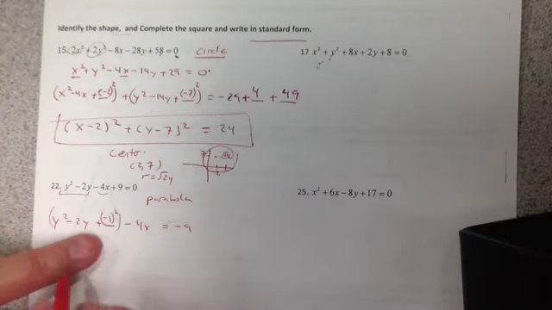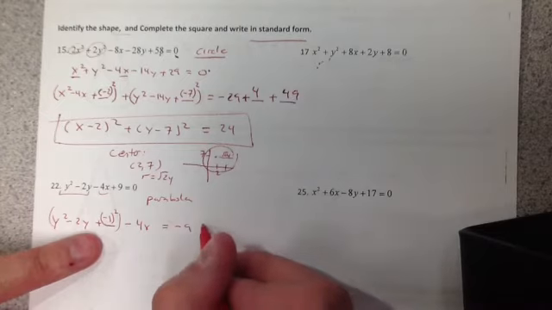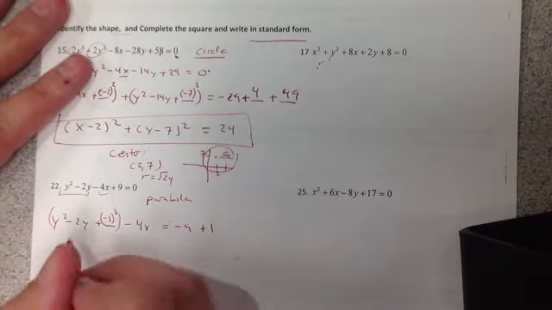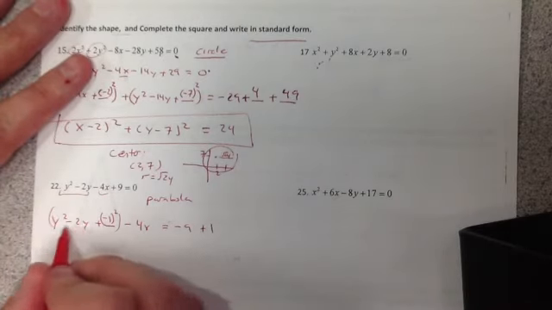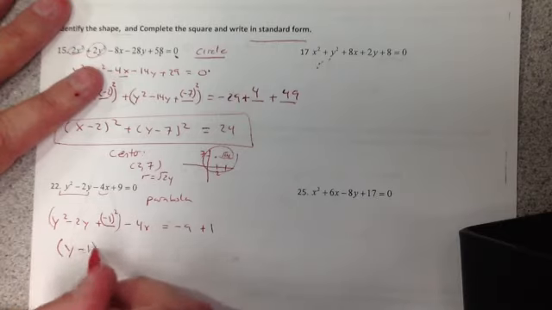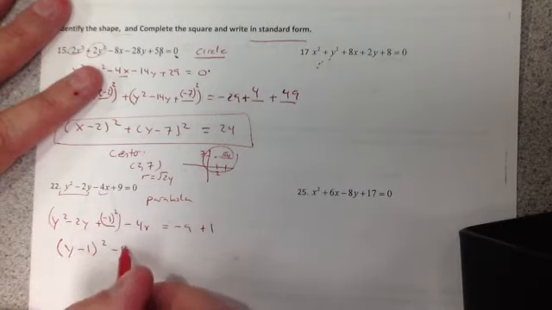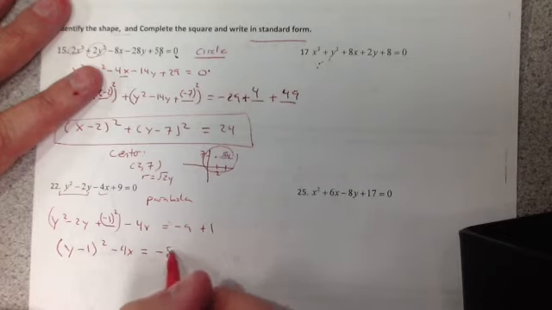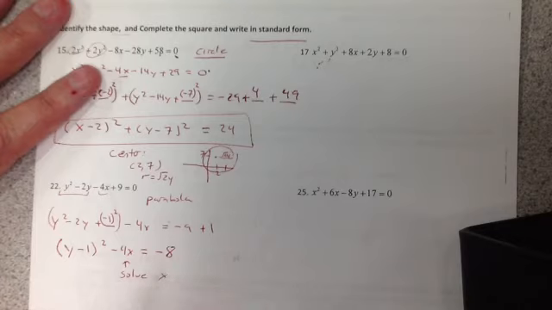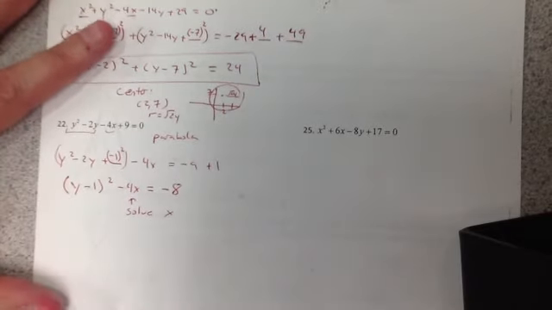I'm going to square it, so I'm adding 1. So I add 1 to the other side here. Over here, we made a complete square, so we get y minus 1 squared minus 4x equals negative 8. But the difference for a parabola is we have to solve for the non-squared variable, so we have to solve for x.